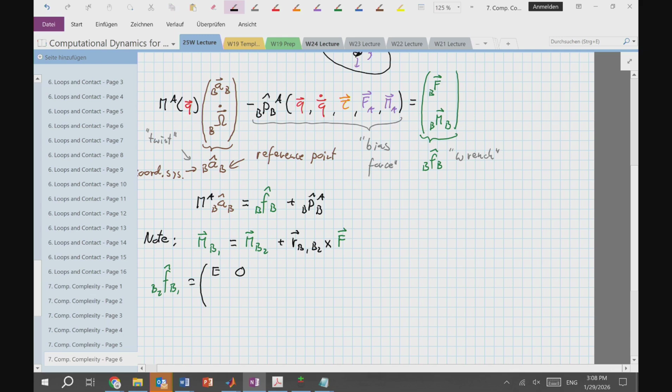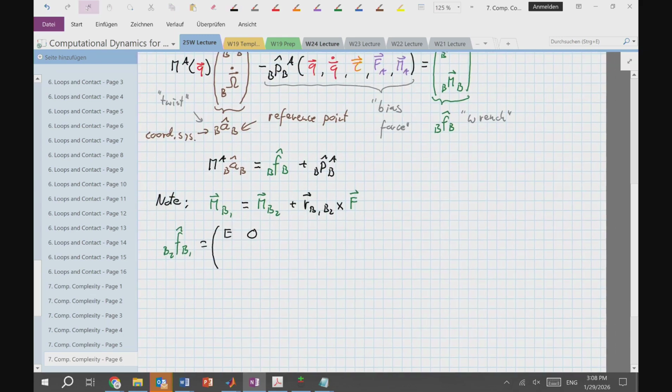We have the identity, we have a 0, we have this vector r_B1B2 tilde, and this now needs to be expressed in a coordinate system, which is the B2 system, of course. I have identity here, and I multiply this with my spatial force vector, still expressed in B2 coordinates, but now using B2 as a reference point.